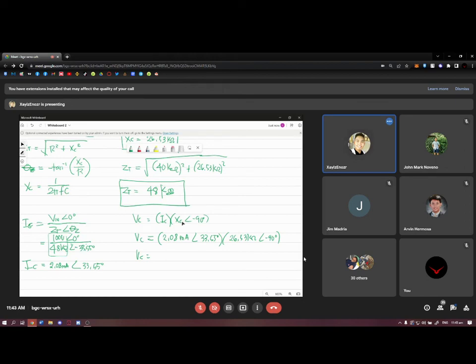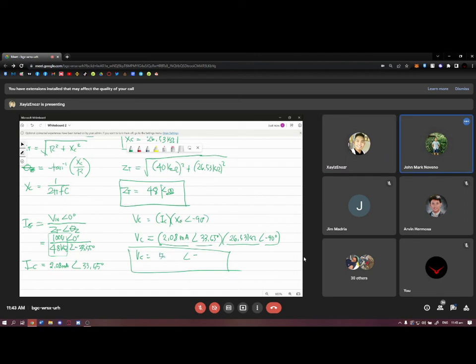So multiply mo yung parehong magnitude muna, and i-add mo yung angle. So ilan to? 55.18 angle negative 56.45 po.